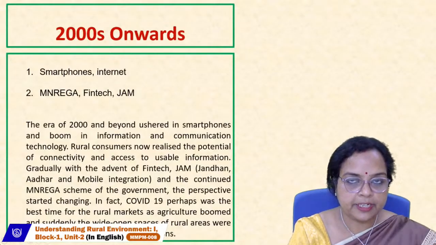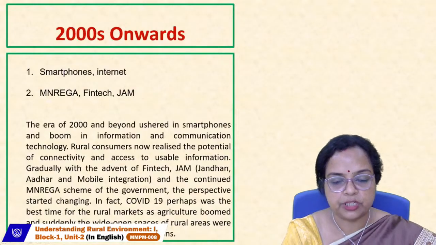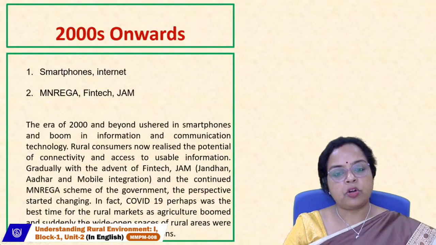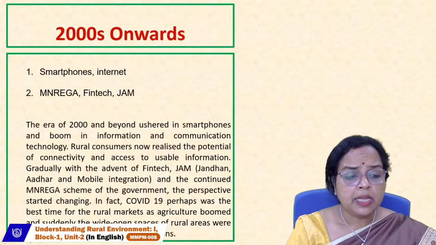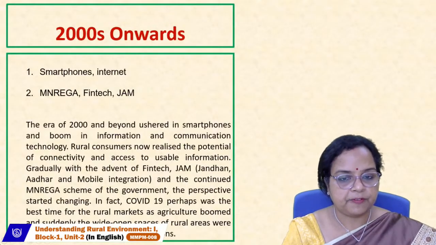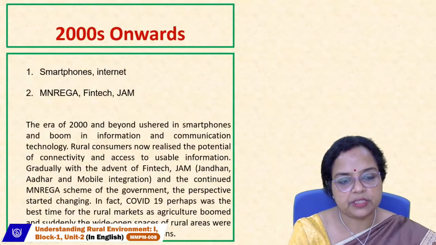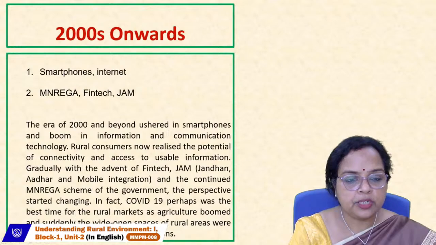The clear meaning of the internet in villages is lots of information for the marketer, the consumer, or the farmer. The era of 2000 and beyond saw a shift in the use of smartphones and a boom in information and communication technology. Rural consumers now realize the potential of connectivity and access to usable information.